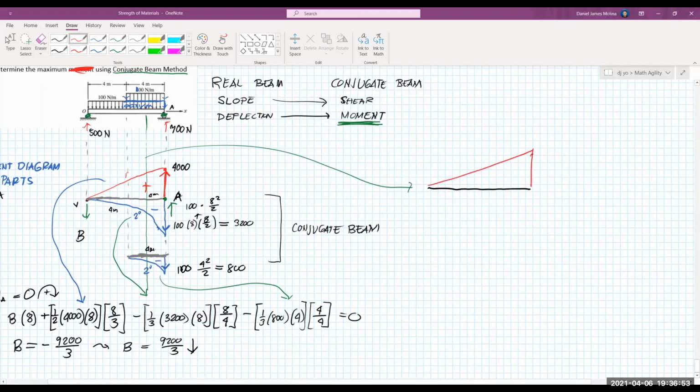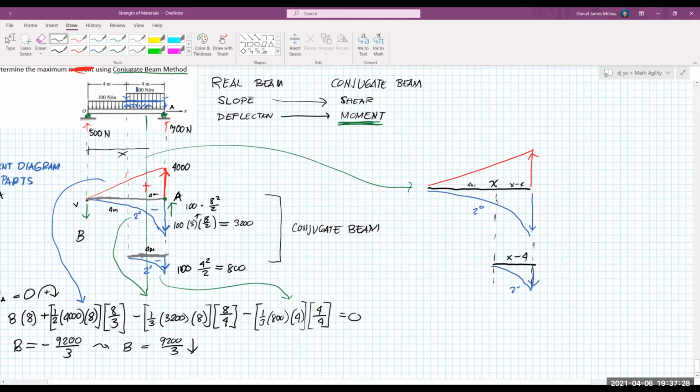So we have this load here, then this parabolic load here, then the continuation, and a small parabolic load here. So we have a 2-degree curve, a 2-degree curve, and this is x. Let us assume that this distance is x. If that distance is x, and this is 4 meters, then this is x minus 4.